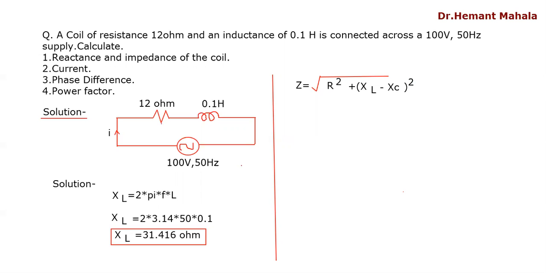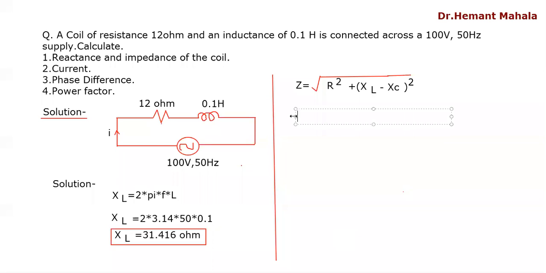Okay, now in this formula we know there is no capacitor, so XC is 0, so the formula will be under root of R square plus XL square.